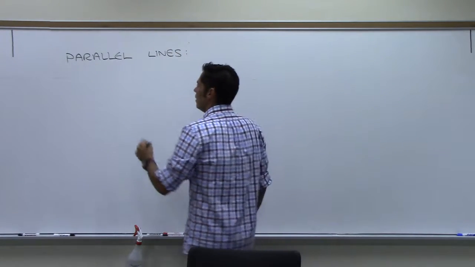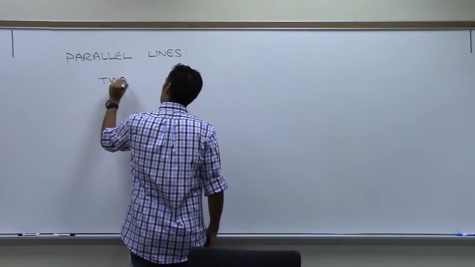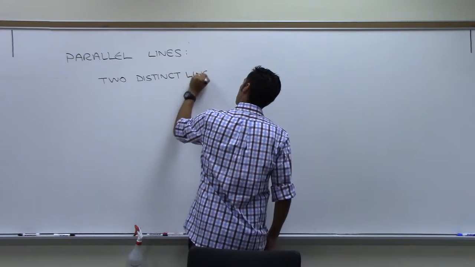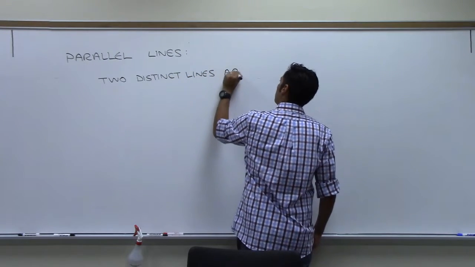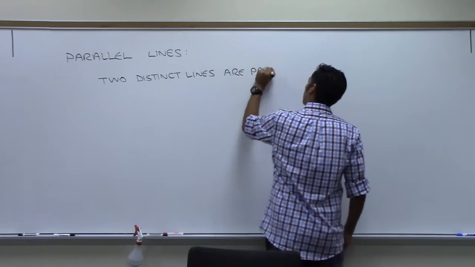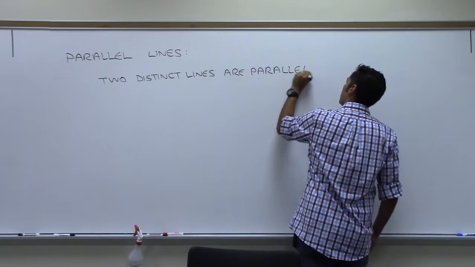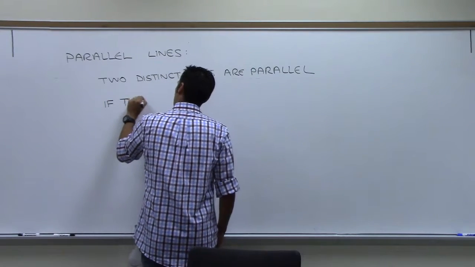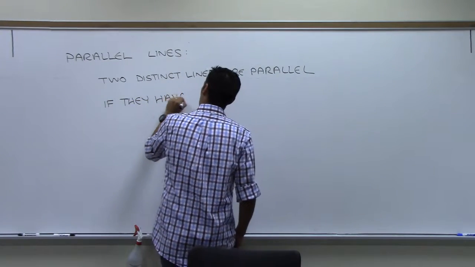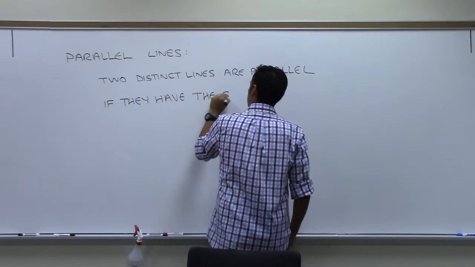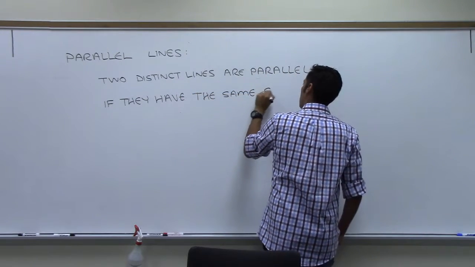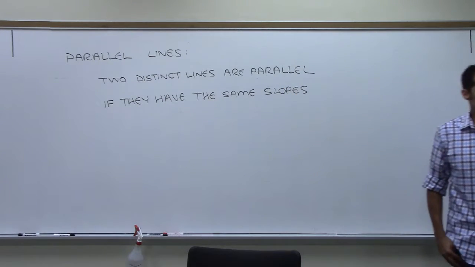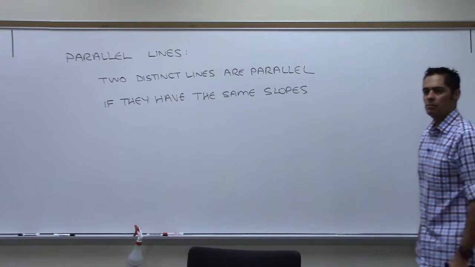What we say is two distinct lines are parallel if they have the same slopes. That's going to be our definition for two lines being parallel.